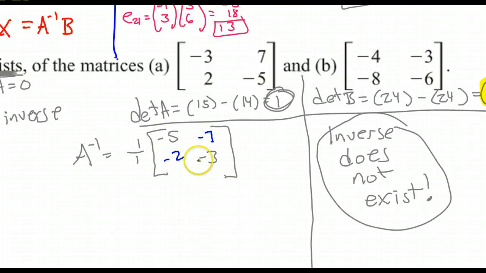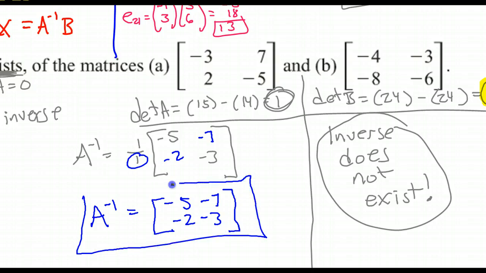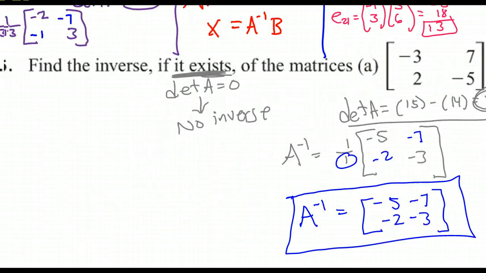Reverse negate. And that's really it. So that means A inverse, because normally I'd have to divide everything by the determinant, but dividing by 1 isn't changing anything. So it's just -5, -7, -2, and -3. Okay? So that's the inverse of matrix A, and matrix B does not have an inverse.